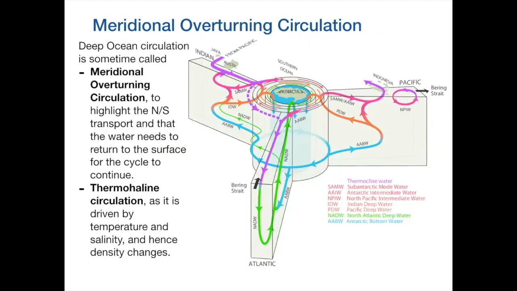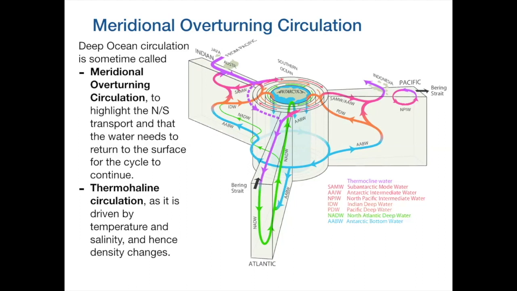This deep circulation is sometimes called the meridional overturning circulation, and this is because it's transporting heat primarily across latitude bands. It's also sometimes called the thermohaline circulation, and this is because it's driven by changes in temperature and salinity, which change the density.